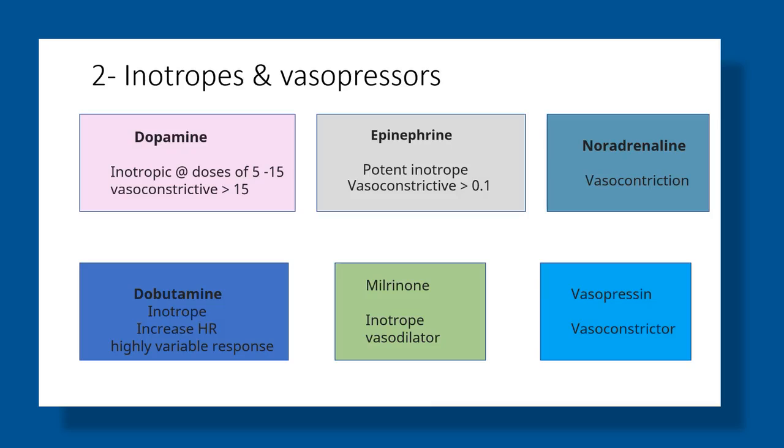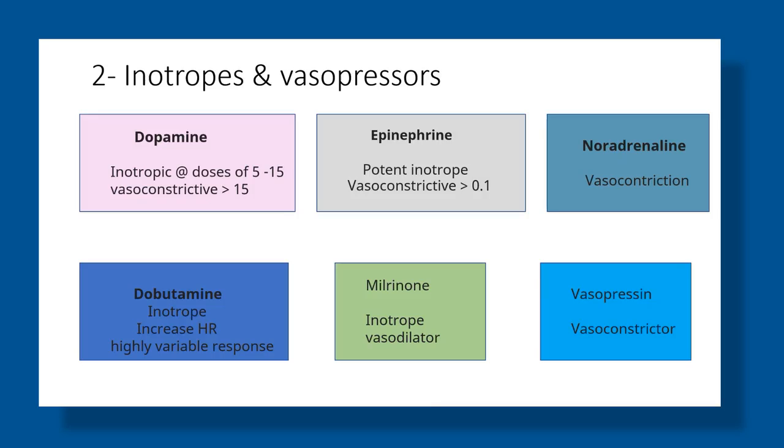If you use a vasopressor and increase the vascular resistance of a baby whose myocardium is not working properly, then you put that baby at risk, and your baby is going to deteriorate.